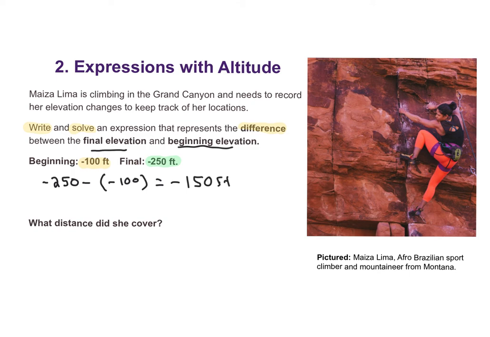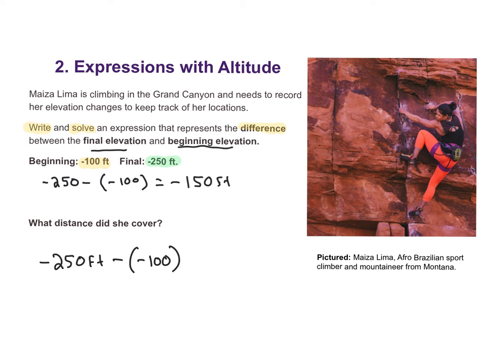So what distance did she cover? This is going to be a little bit different. It means that she went from the final of negative 250 feet minus her starting spot of negative 100 feet.